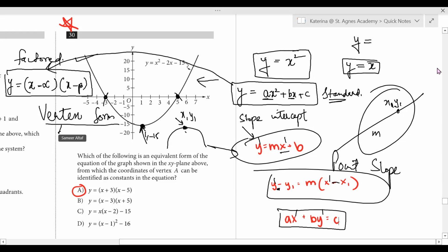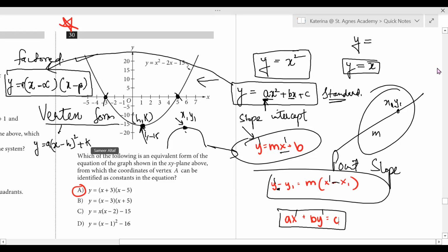If you write the coordinates of the vertex as h comma k, then the general vertex form of the parabola will be y equals a times x minus h whole squared plus k.